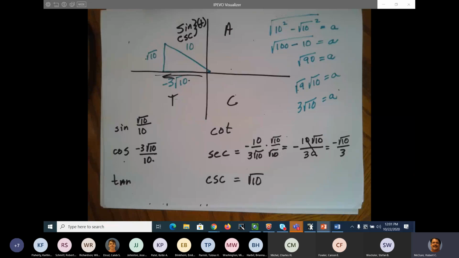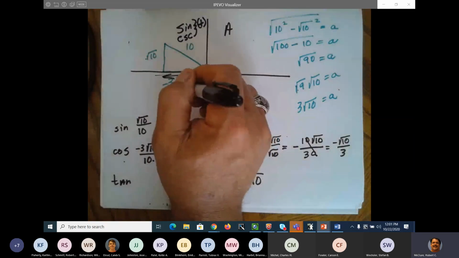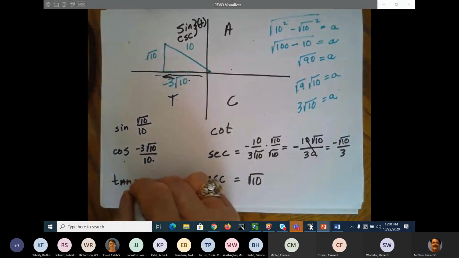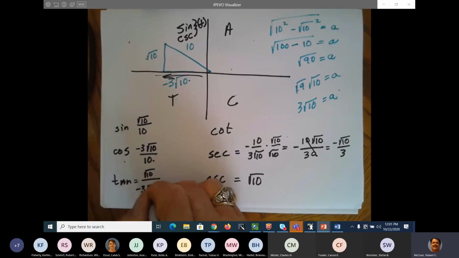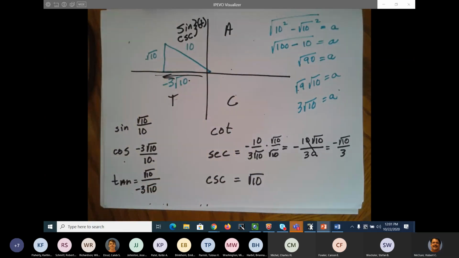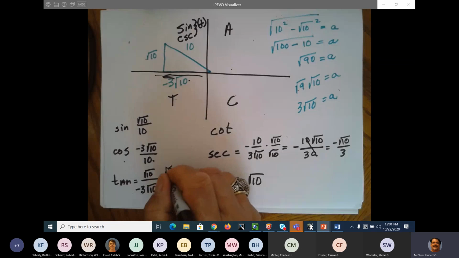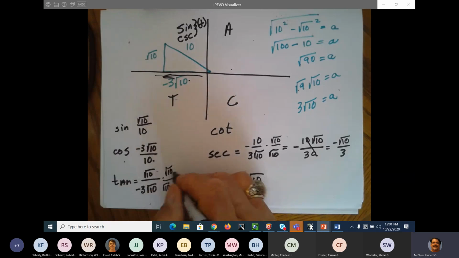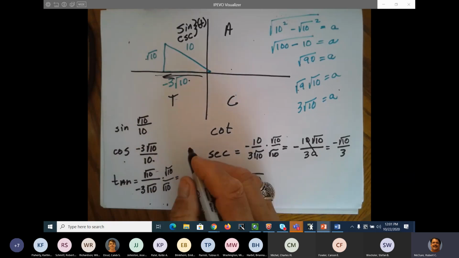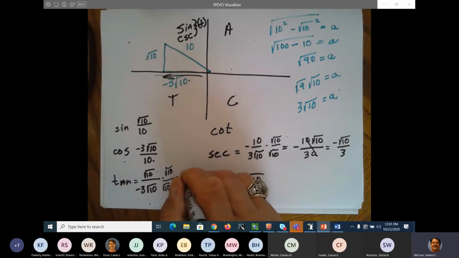Okay, now the tangent. That's square root of 10 over negative 3 square root of 10. Square root of 10 over square root of 10 is going to be 10, because square root of 10 times square root of 10 is square root of 100, which is 10.